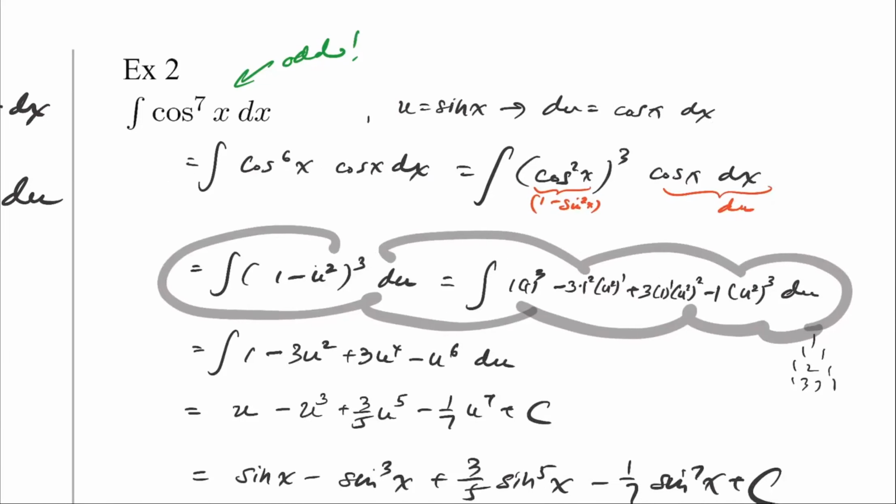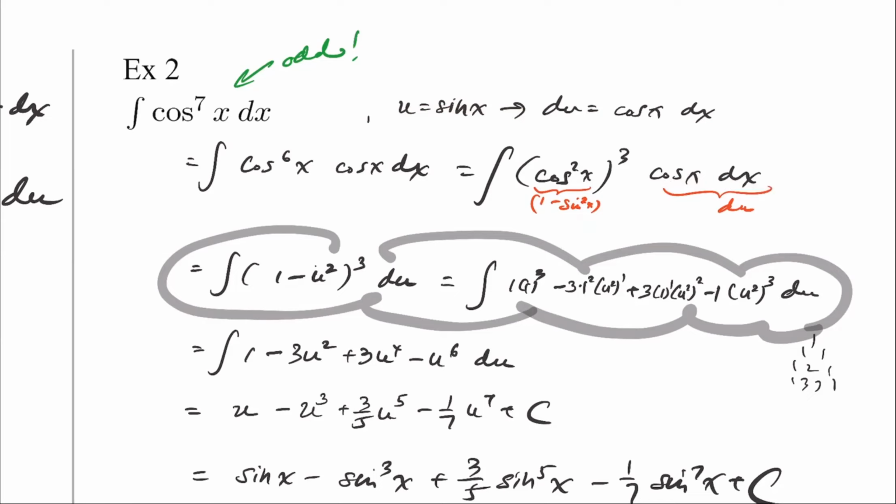So we did pull it out, and that tells me that then u must be sine of x, because the derivative of that gives you cosine of x dx. So I say to myself, okay, then that must be du, and I took the extra time to pull it over here.